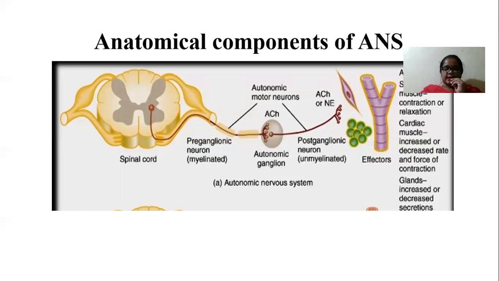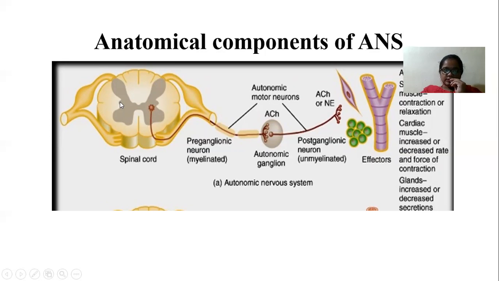Next, the anatomical components of the ANS. Here the preganglionic neuron is there. In the autonomic nervous system, the preganglionic neurons are myelinated. These preganglionic neurons extend from the gray matter of the spinal cord, the butterfly-shaped gray matter.